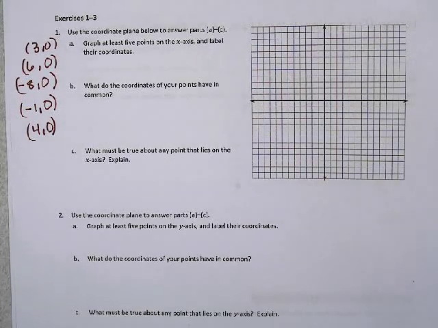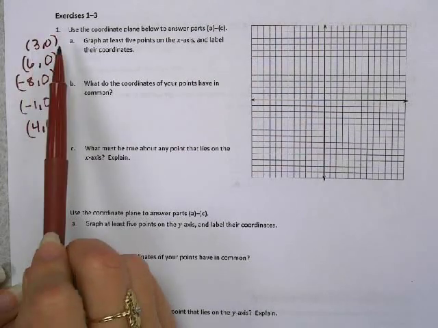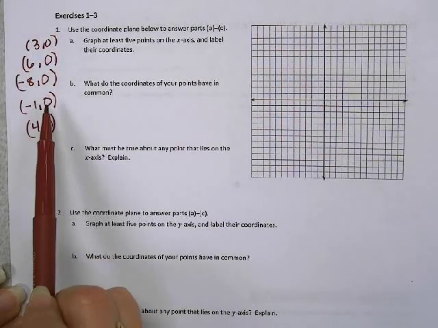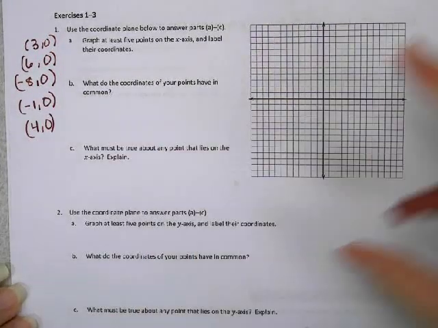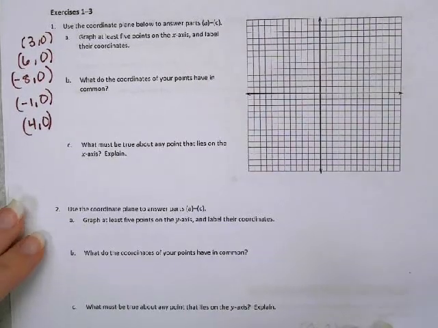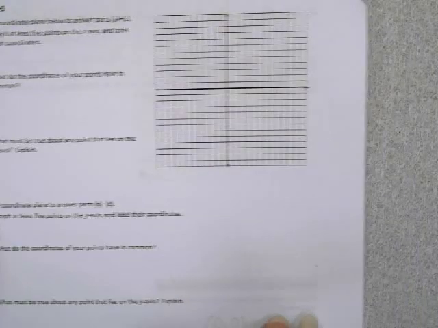We want them to be lying on the x-axis. So we're going to use these points, (3, 0), (6, 0), (-8, 0), (-1, 0), and (4, 0). So if you want to write those down, because then I'm going to come over here and blow this coordinate plane up a little bit so we can graph those, and you can see it a little more clearly.